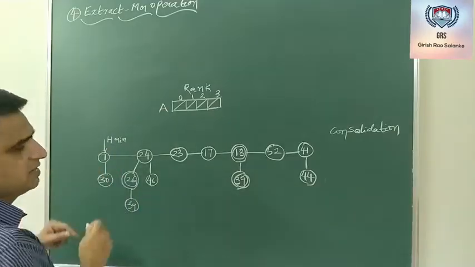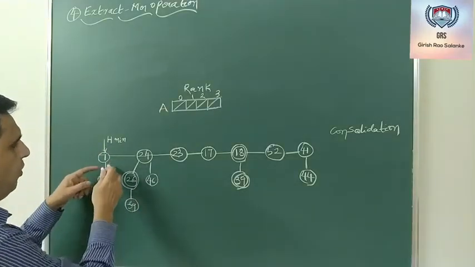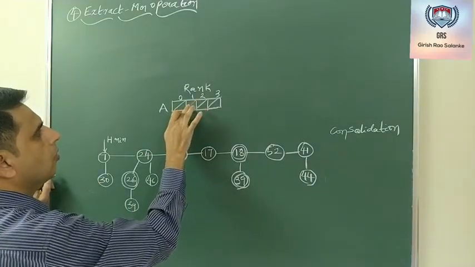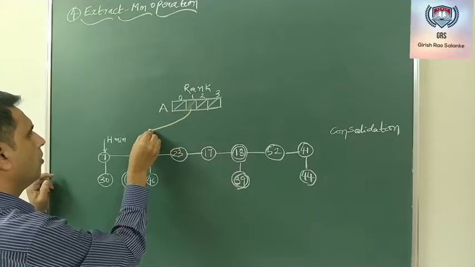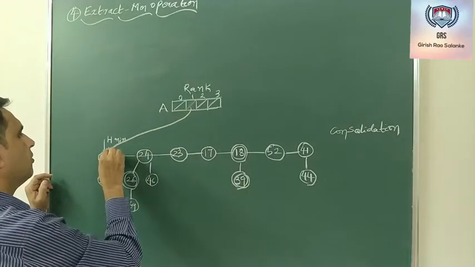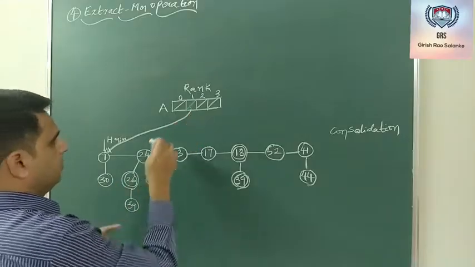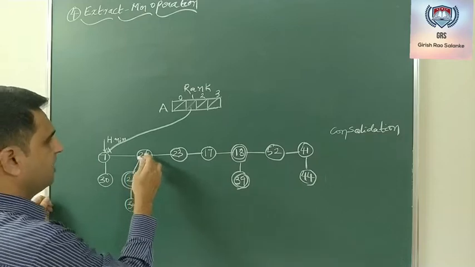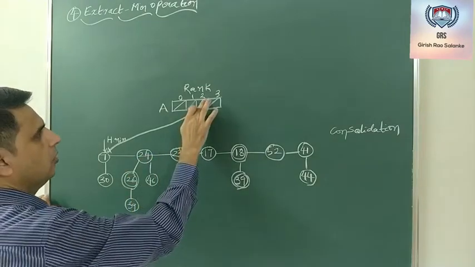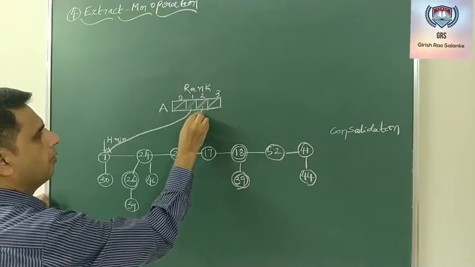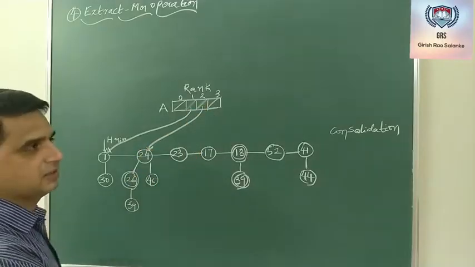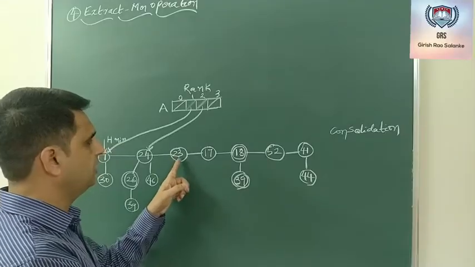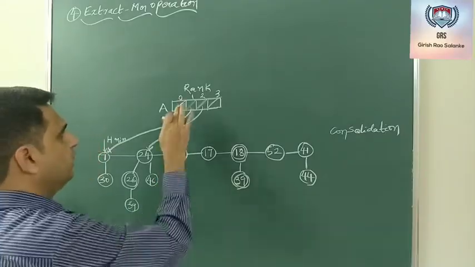Now I know the address here, h.min. So h.min has one child, so this will be pointing here. Next is 24. How many children does 24 have? There are 2 children. Next 23. Now 23 has how many children? 23 has no child.